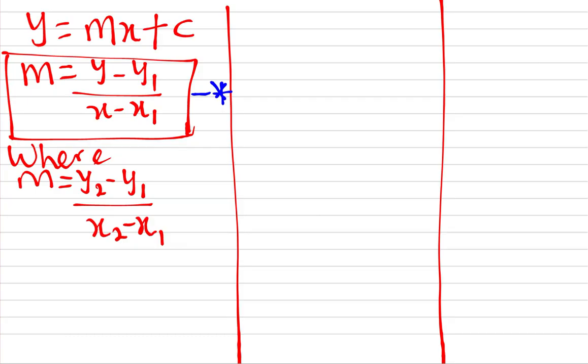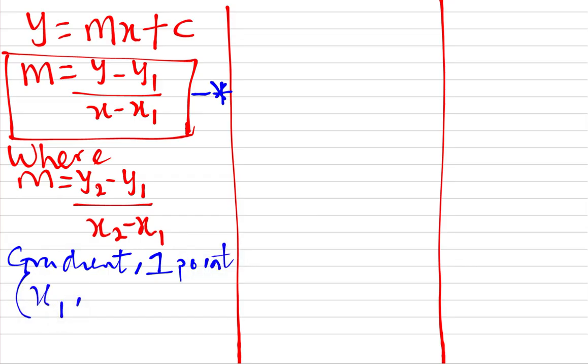So this blue one can be used when you are given the gradient and only 1 point, that is, you have something like only x1 and y1. Are you seeing that? That is when you can use this one.